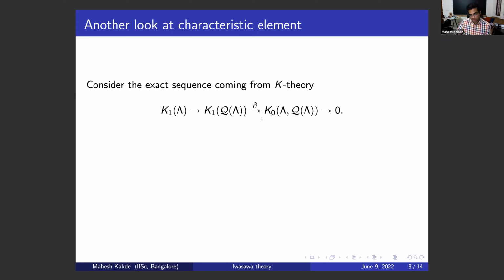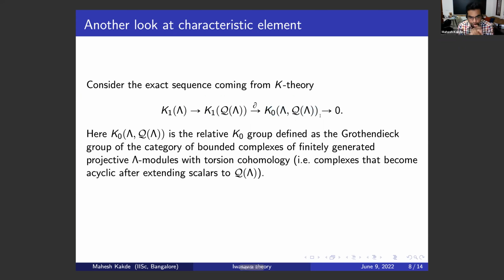Anyway, this is surjective. So what is this K0? This is the relative K0 group, and it's defined as the Grothendieck group of the category of bounded complexes of finitely generated projective Lambda modules with torsion cohomology.